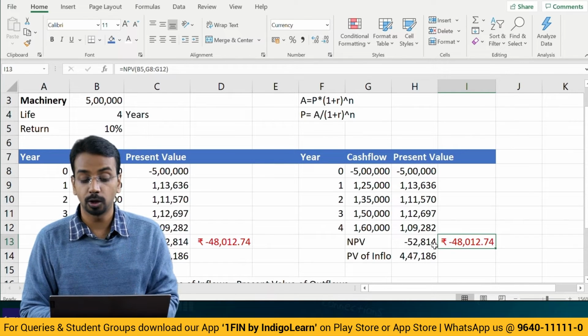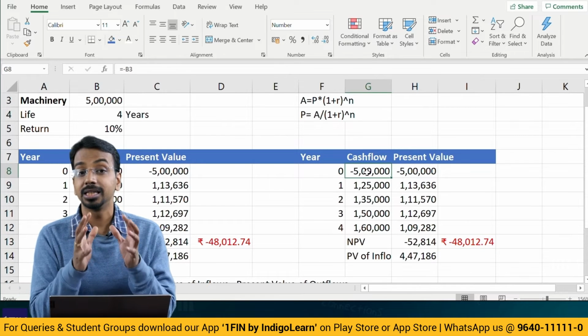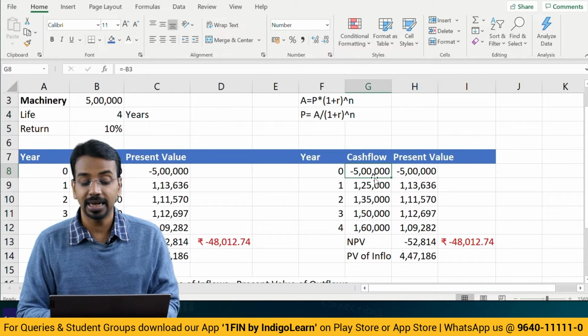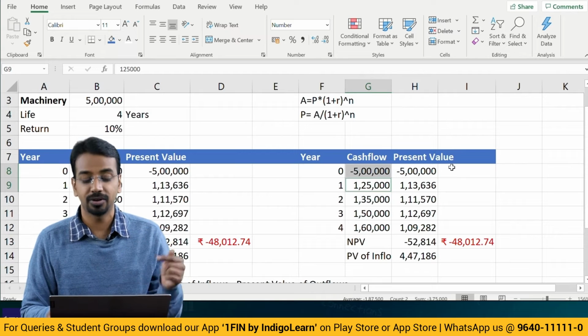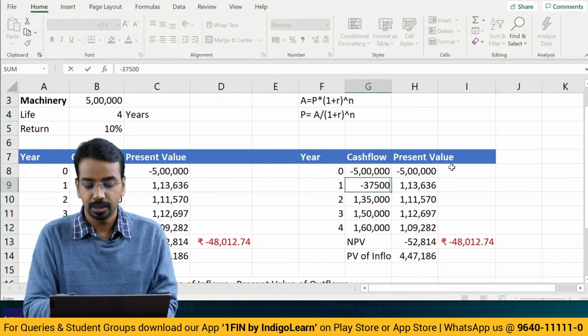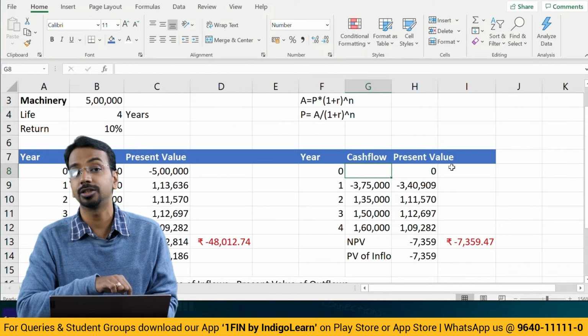It says 4812. Now to change this, what we need to do is, for Excel, this 5 lakh is also at the end of the year. So what I will do is, minus 5 lakhs plus 1,25,000, that is minus 3,75,000, I will include here, minus 375, and I will actually delete this, right? I will actually delete this.